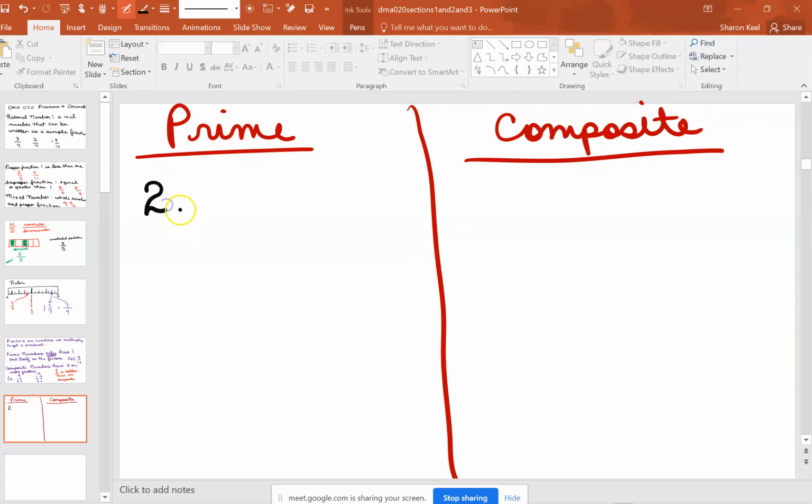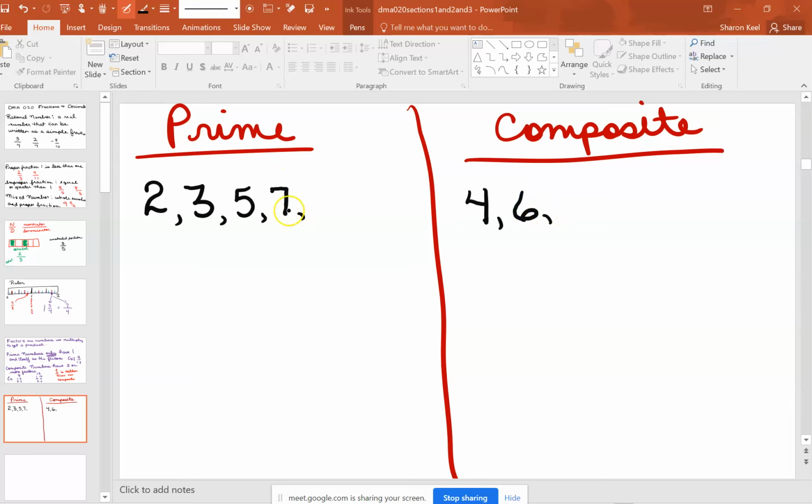So that means the number 2 is a prime number. 3. 3 is 1 times 3. It is a prime number. 4. 4, we have 1 times 4 and 2 times 2. So 4 is a composite number. For 5, we only have 1 times 5. It is prime. For 6, we have 1 times 6 and 2 times 3.